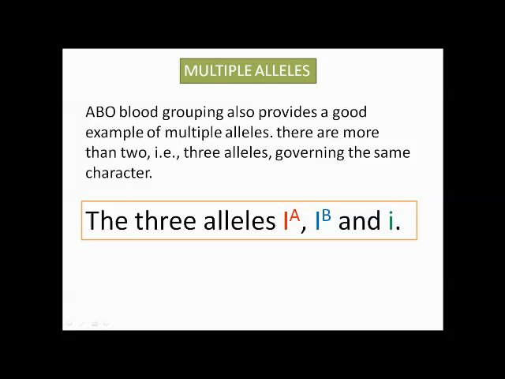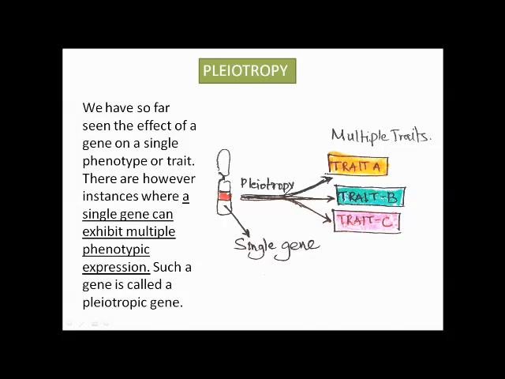Next we'll go to the next part, which is pleiotropy. In general, we can differentiate pleiotropy as where a single gene controls multiple traits.